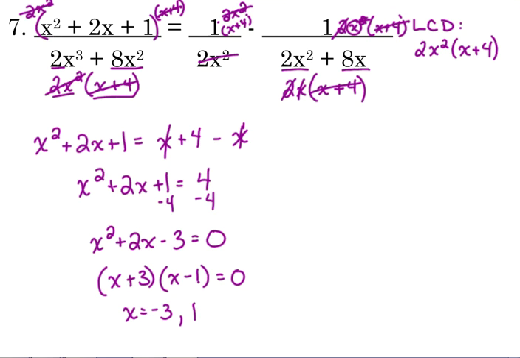Okay, so let's look at the denominators and let's look at them in factored form, because that's the easiest way to determine what will make them 0. If x is 0 right here, 2 times 0, 0 times whatever's in parentheses, it's going to be 0. So if we got 0 as a solution, we would throw that out. What other number would we throw out? What other number would make our denominator 0?